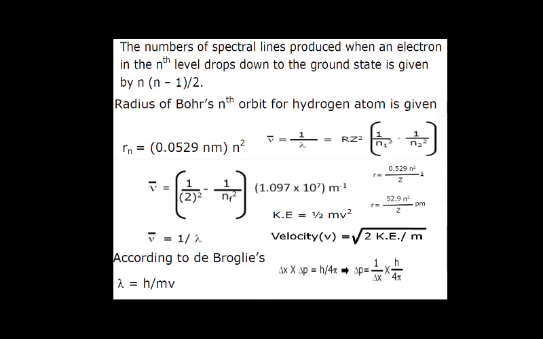So if you choose the unit angstrom, then the formula will be this. If you choose the unit picometer, then the formula becomes Rn is equal to 52.9 n square by Z picometer. These three formulas are the same, but only the units are different. The values will also vary accordingly.